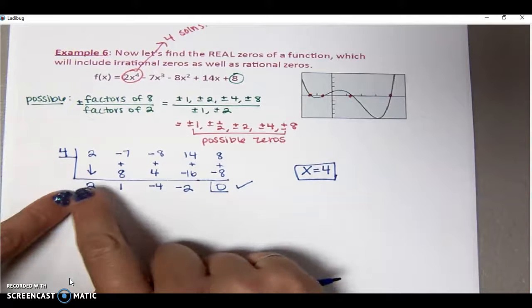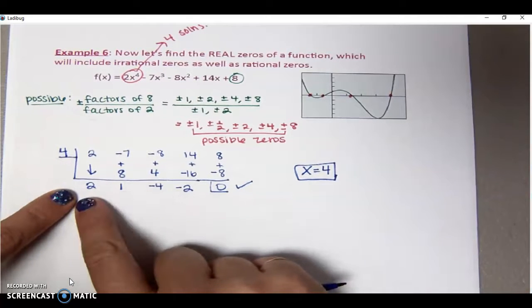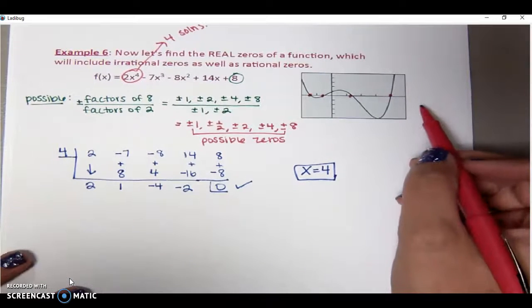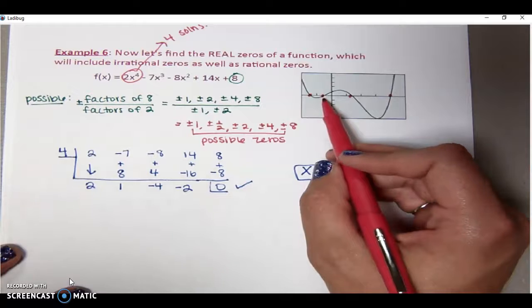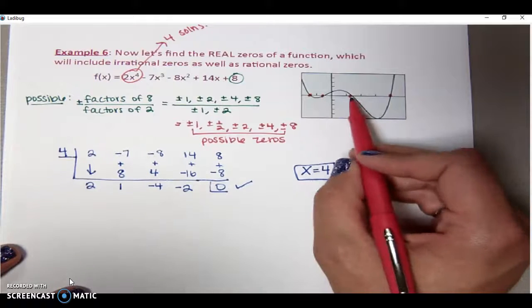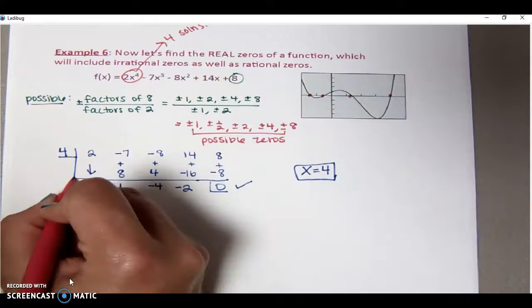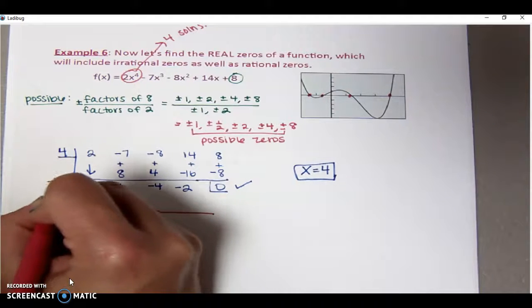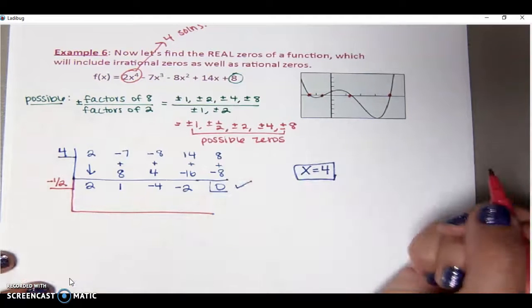But if you look here, this is not going to end up being a quadratic. This is going to be a cubic. So we have to find another answer before I can do a quadratic formula. So looking back at the graph again, I see here kind of looks like negative 1/2. That looks like the closest. These look a little off. So I'm going to try negative 1/2. And what you can do here is you can just keep your synthetic division. You just keep adding onto it.